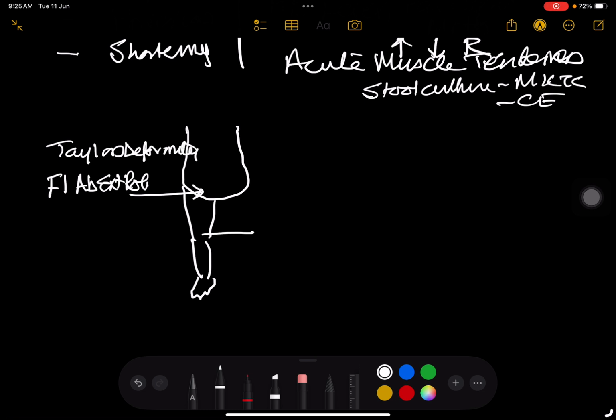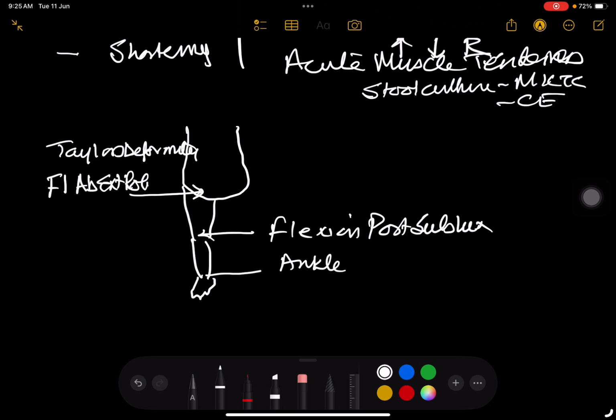In the knee, flexion, posterior subluxation. In the foot, on the ankle, equinus, calcaneus.